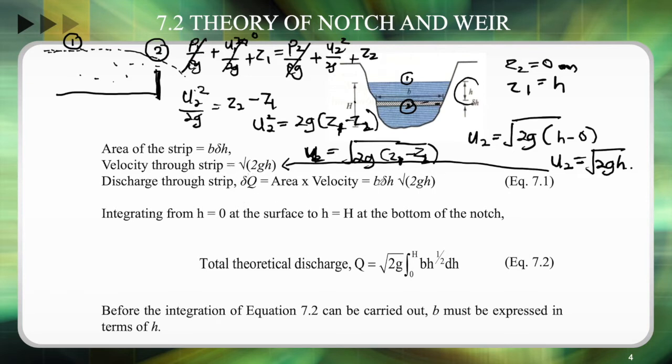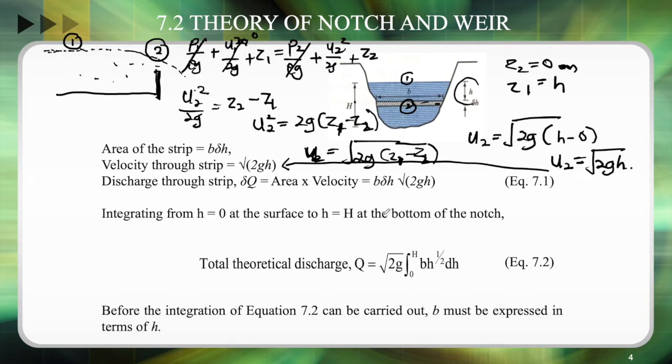From this equation, we will integrate from h equal to 0 at the surface to h equal to H. Capital letter H is the head of the notch, from the bottom of the notch to the free surface.